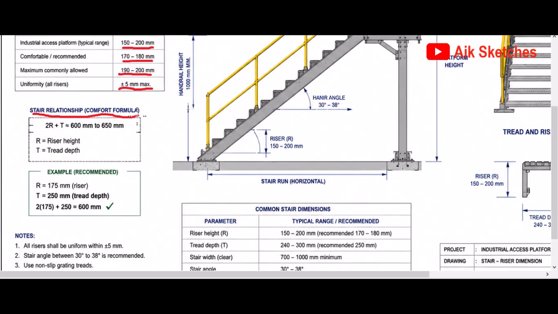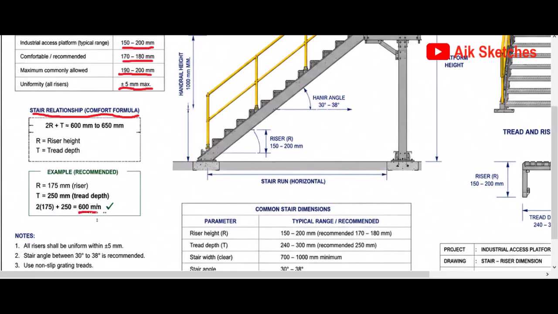So we are going to do an example for this formula, where we are going to use R equal to 175 millimeters, which is the riser, and the tread equal to 250 millimeters, which is the tread depth.